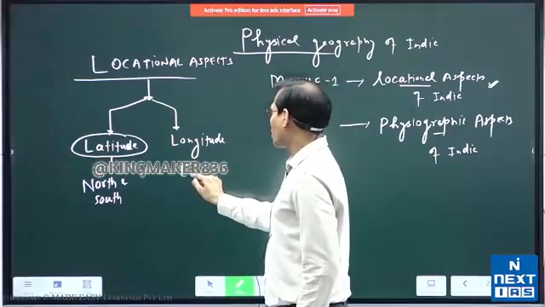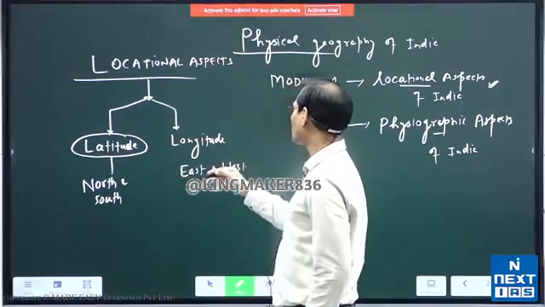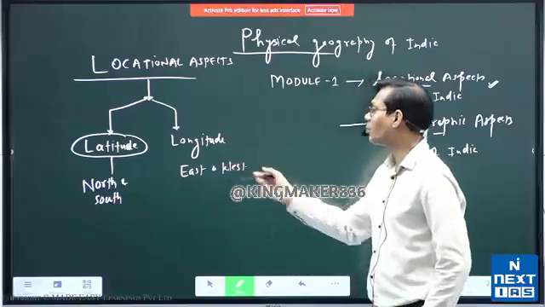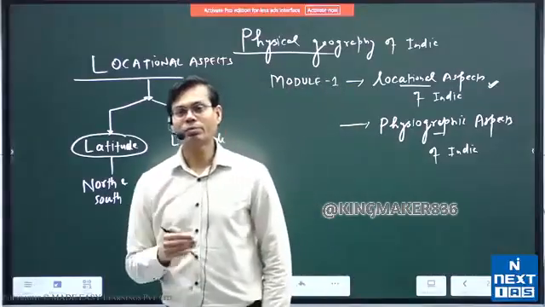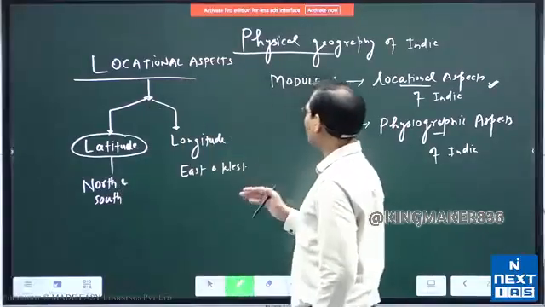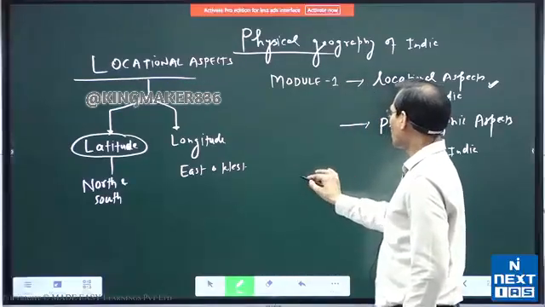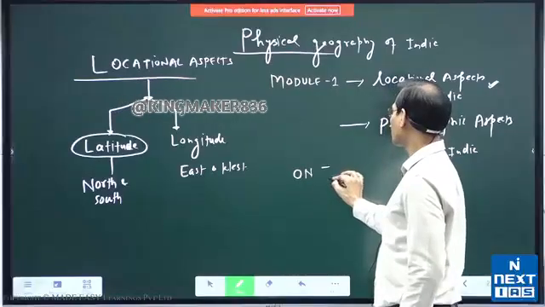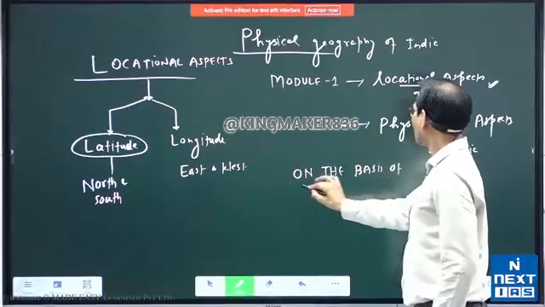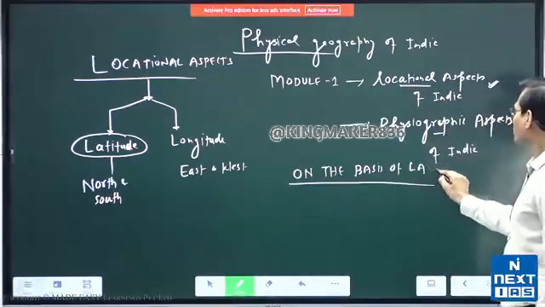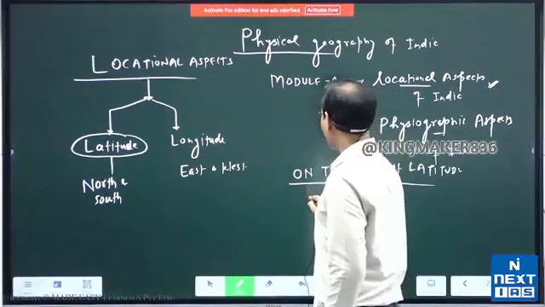Longitude is of course east and west. Suppose Gujarat to Arunachal or Arunachal to Gujarat, that is longitudinal aspects. North, south, east, west, we cover by that. On the basis of latitude, if I say India is part of which hemisphere?